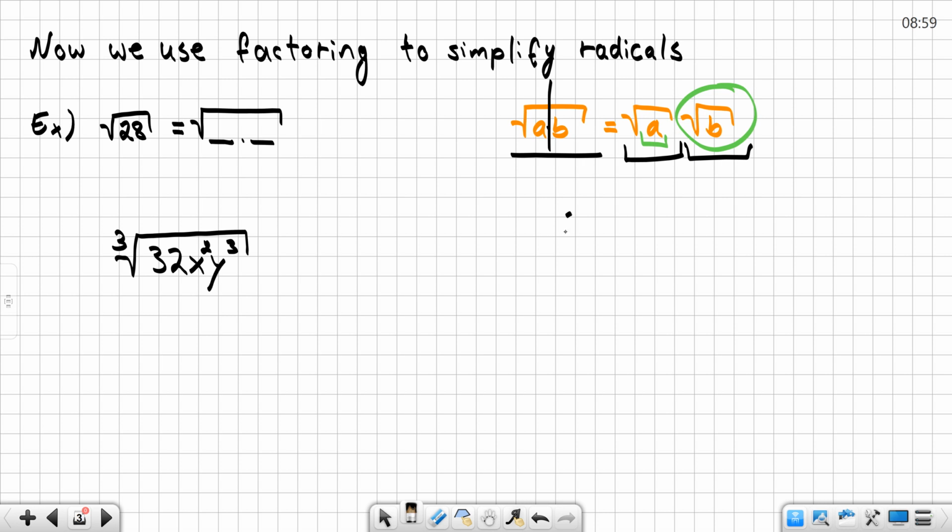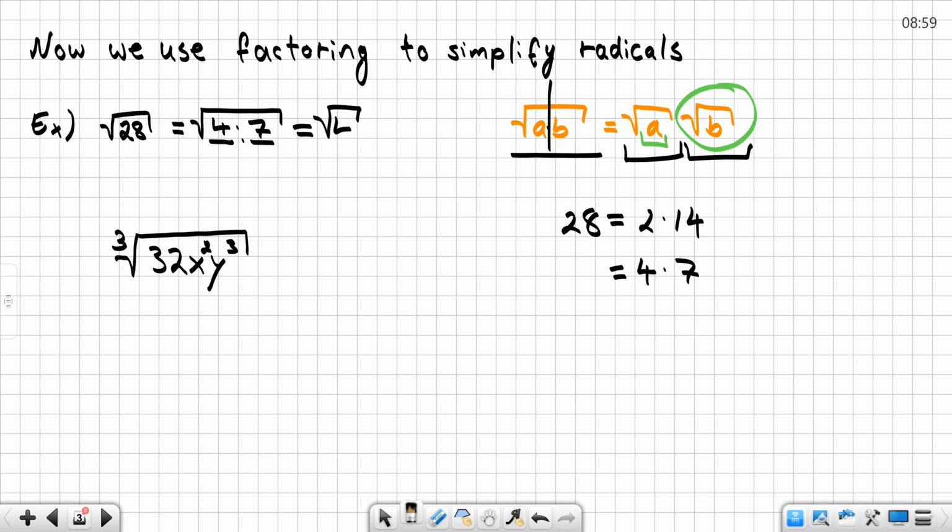So 28, for instance, has a few factors. 2 times 14 are two factors of 28, but 2 and 14 neither are perfect squares. 28 is also 4 times 7. Now this will be the interesting factorization in this case. 4 times 7.